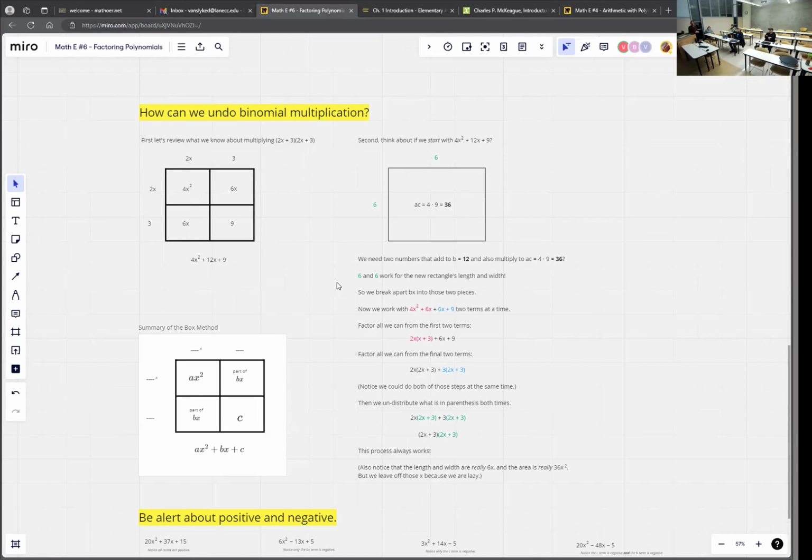So rather than use FOIL backwards, we're going to use the box method backwards to see how to break apart polynomials. If they started with something, and you could see maybe up at the top here, 4x squared plus 12x plus 9, how do you break it apart?